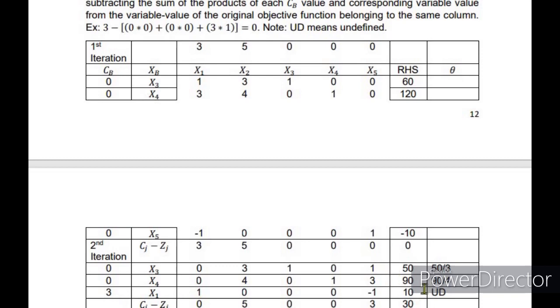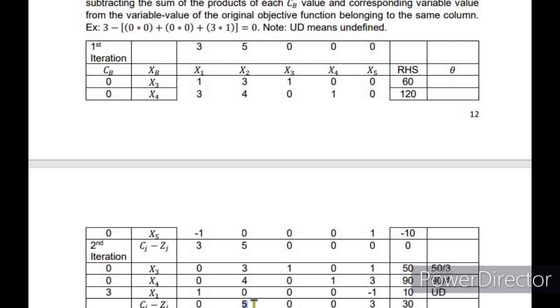Now, since there is no negative sign here in the RHS, we can now proceed through the simplex way, because all the values here on the RHS are positive. We will now adhere to the ways of the simplex method. So, based on the simplex method, we will choose the highest value of Cj minus Zj, which is 5.